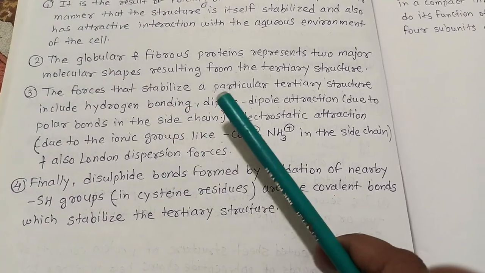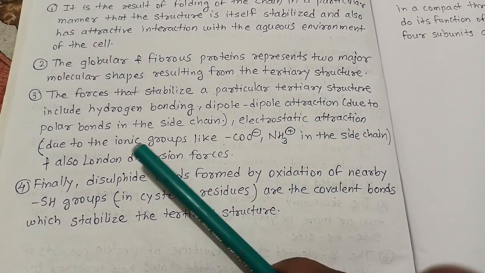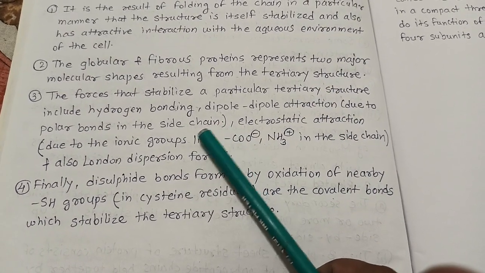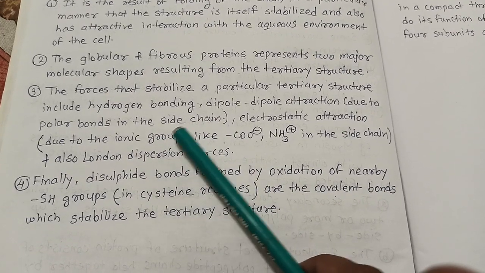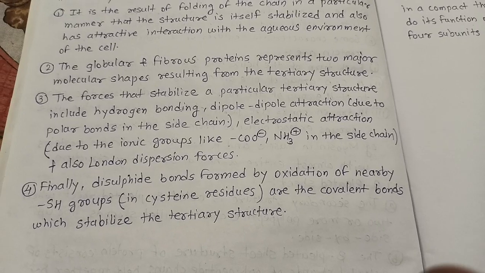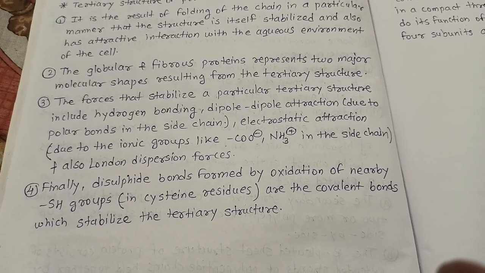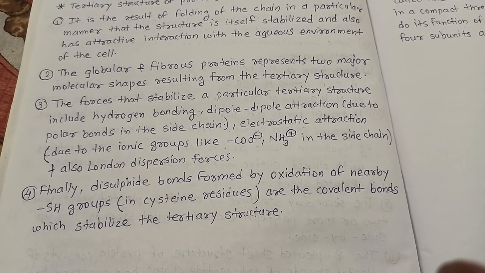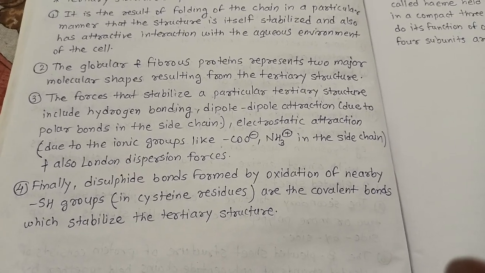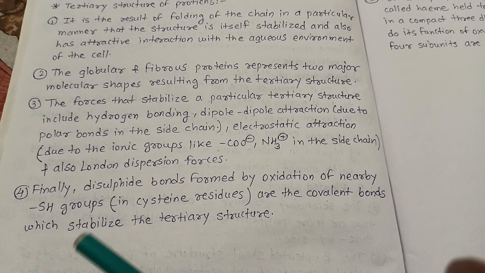The forces that stabilize a particular tertiary structure include hydrogen bonding, dipole-dipole attraction that is due to polar bonds in the side chain, electrostatic attraction due to ionic groups like COO-, NH3+ in the side chain, and also London dispersion forces, which are also called van der Waals forces.